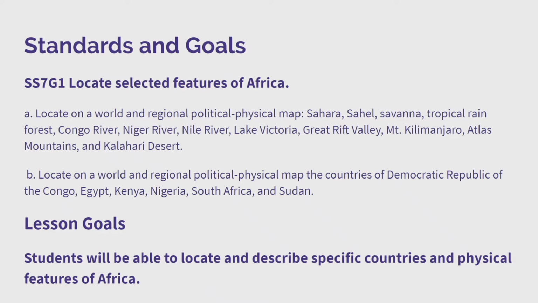We are also looking for certain specific countries: the Democratic Republic of the Congo, Egypt, Kenya, Nigeria, South Africa, and Sudan. My goal at the end of all of this is that you will be able to at least mentally have a picture of where they are, as well as having some information about these areas.